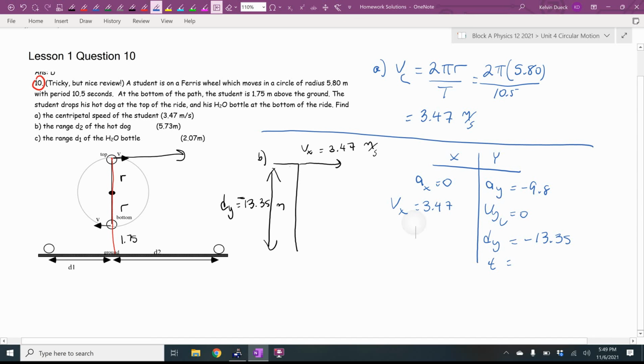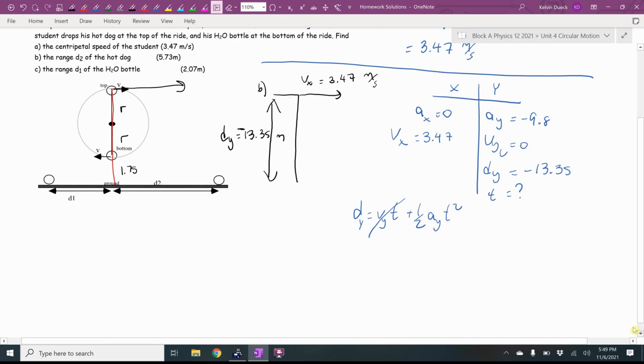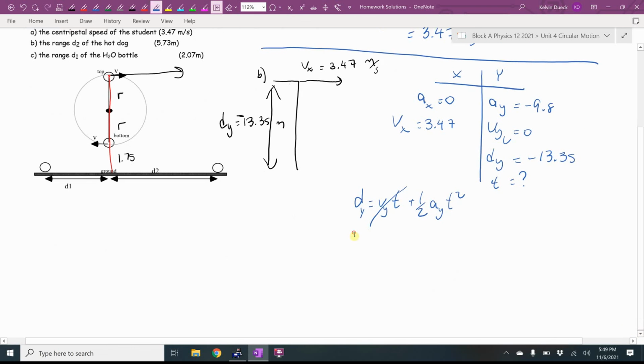So how can I find time? Well, I can use dy equals vy t plus a half ay t squared. But vy initial was 0. That's why horizontally from a cliff is the easiest projectile question. I can get the t by itself, because now it's going to be dy equals a t squared over 2.